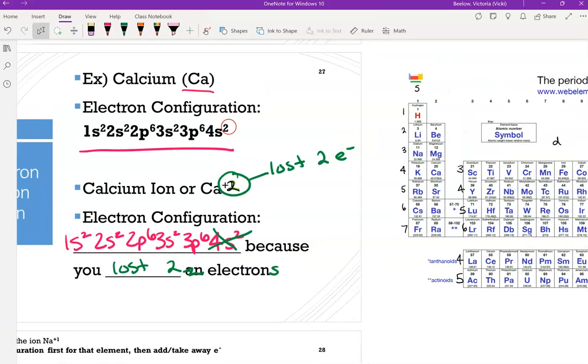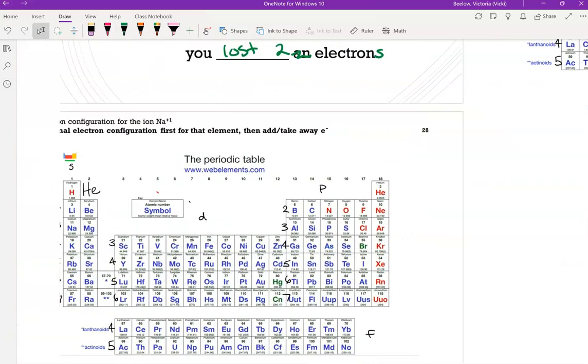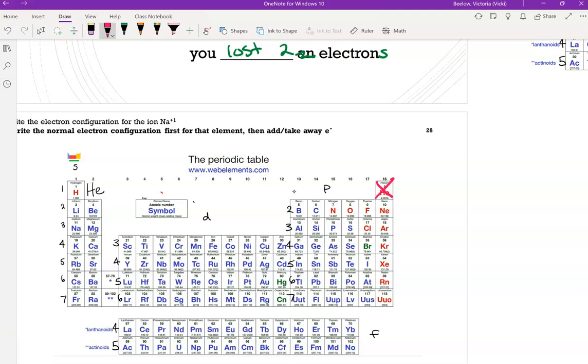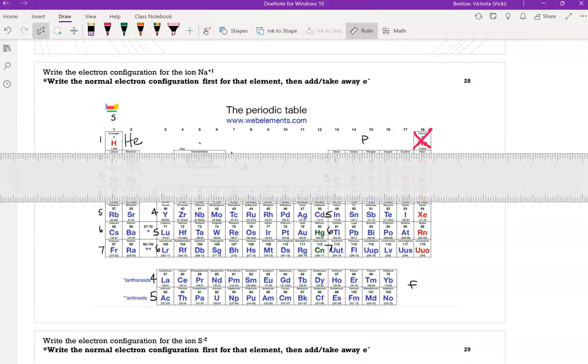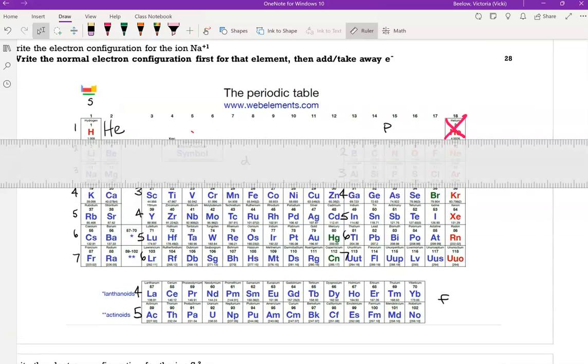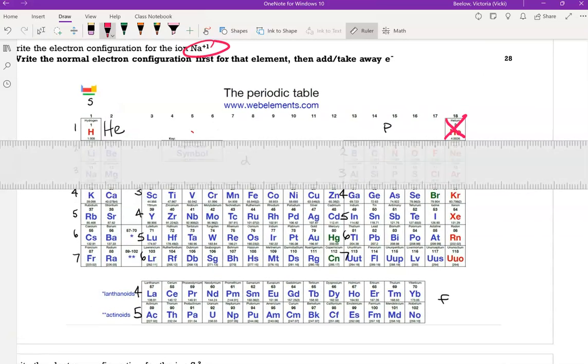So let's do some practice problems. Let's write the ion electron configuration for sodium that has a charge of +1. You'd start by writing the regular electron configuration for sodium.